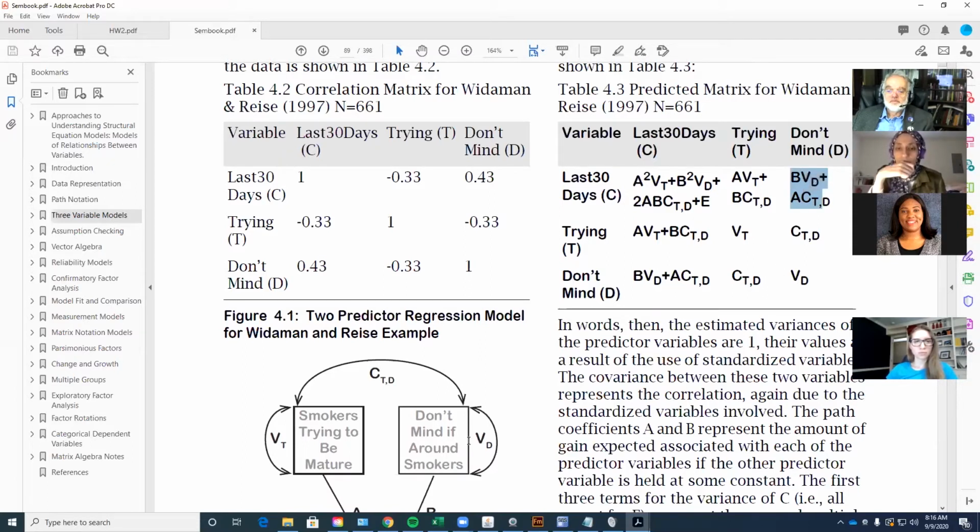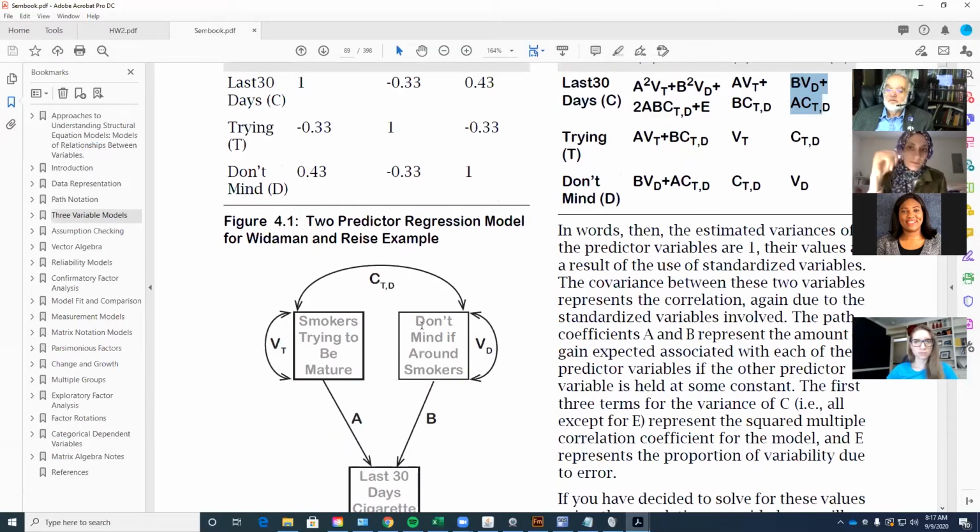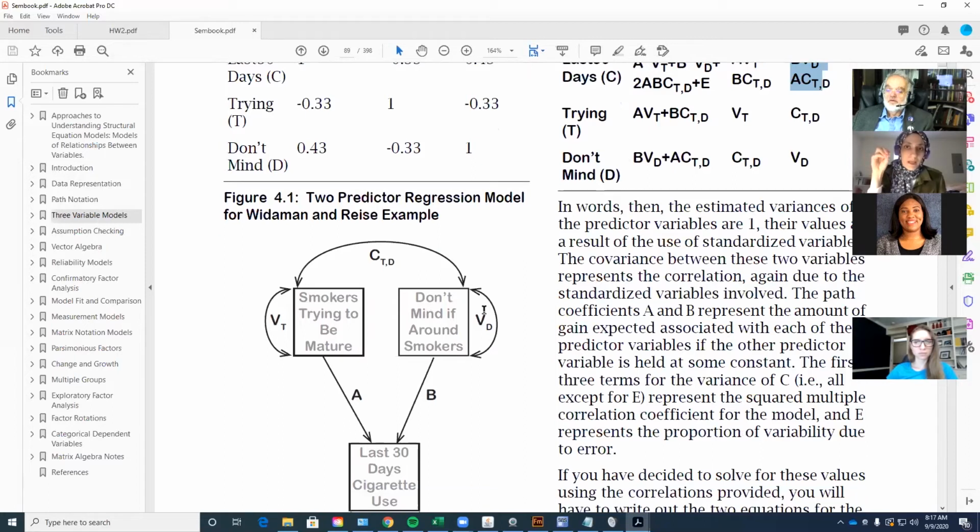So for this one, do we start from last 30 days and go to don't mind, or can we do just the opposite, start from don't mind and go to last 30 days? Does it matter where we start and where we go? Or can we start from last 30 days or from the other variable?